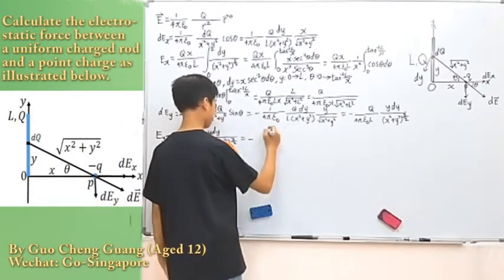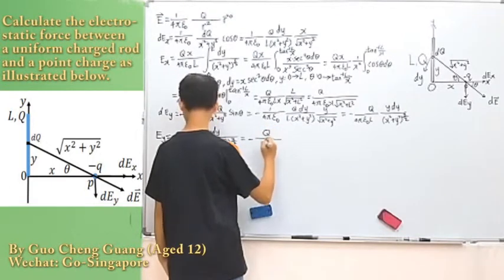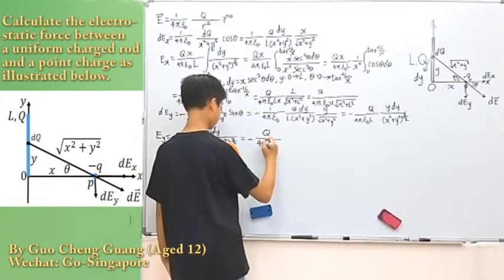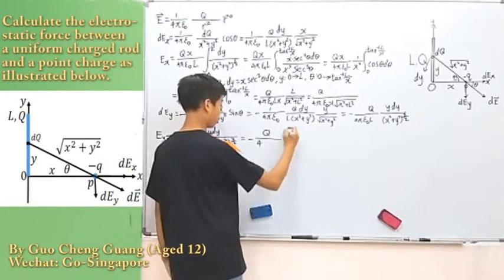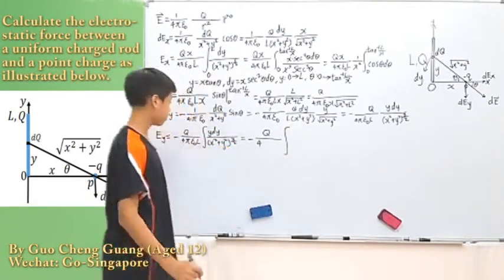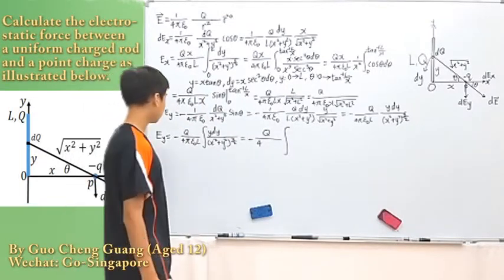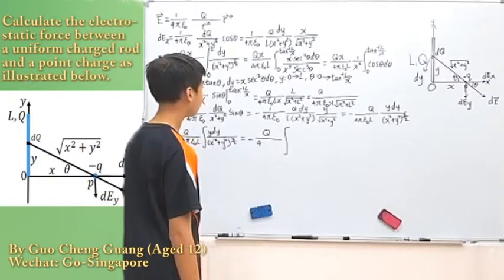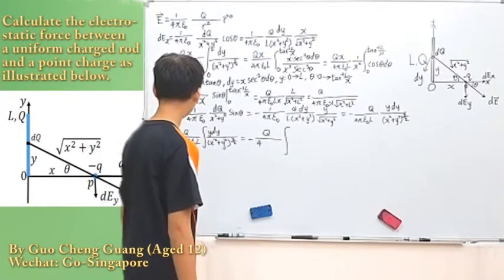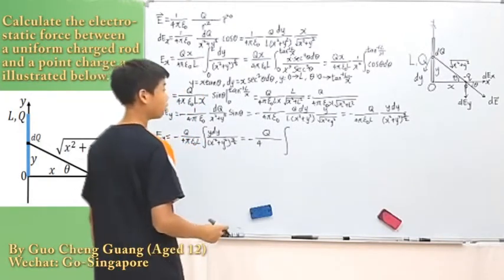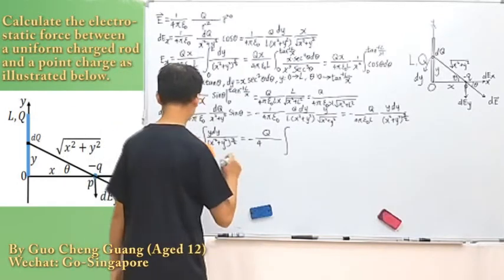So in this case, negative q over... So from here, what we're going to have will be... okay, wait.